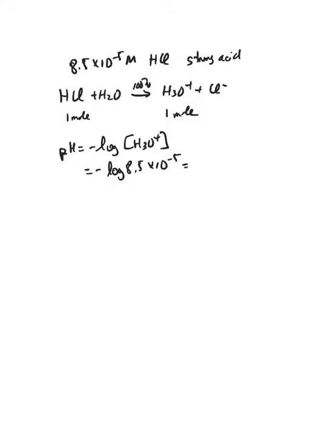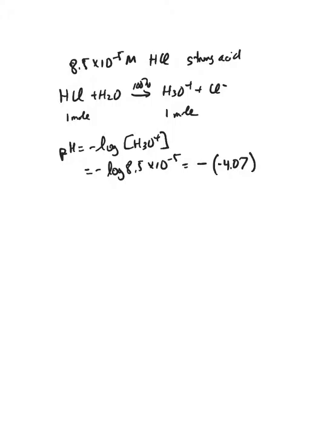The way my calculator works, I'm going to put in 8.5, exponent, change sign, 5, and then I hit the log button. And what I will see in my calculator is minus 4.07.